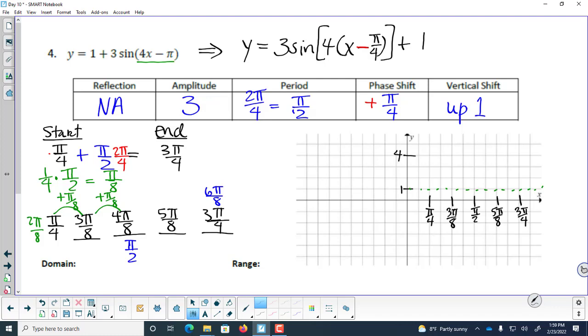So that's 4. 1 plus 3 is 4. And 1 minus 3 is going to be at? -2. This is going to interfere with my big writing. All right. Then you're just going to find your points, determine if you have a reflection, and plot your 5 points.